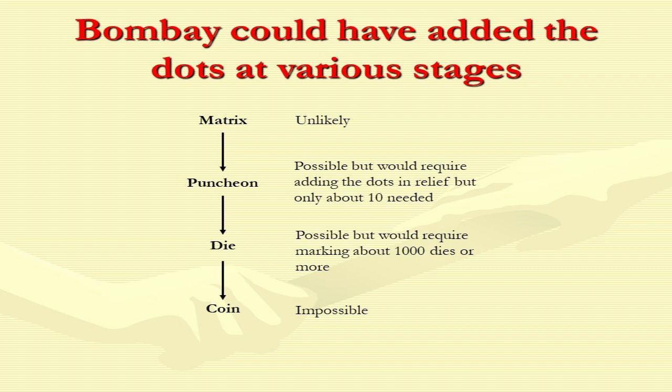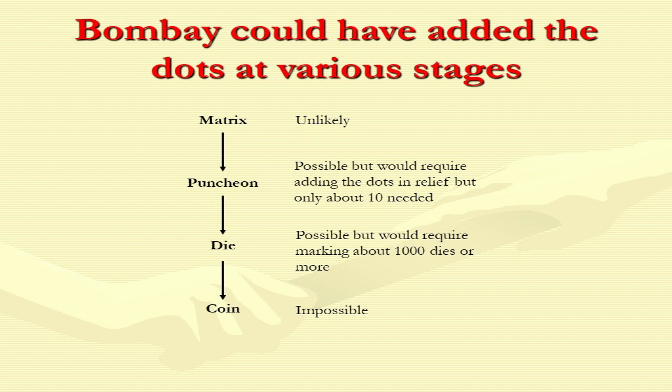So that means you'd have to add them to the die. So that means each year they would have had to put the dots on at least 1,000 dies and up to 4,000 dies, which sounds quite a big job. And obviously they wouldn't have put them on the coins. So most likely they added them to the dies. I don't know what this tells me, but that's probably what happened.